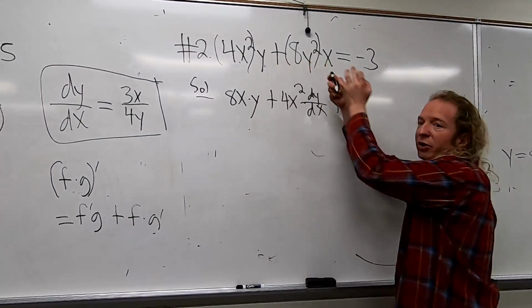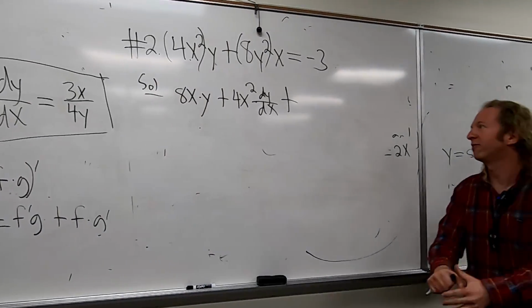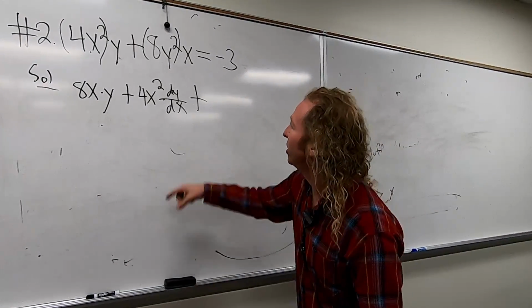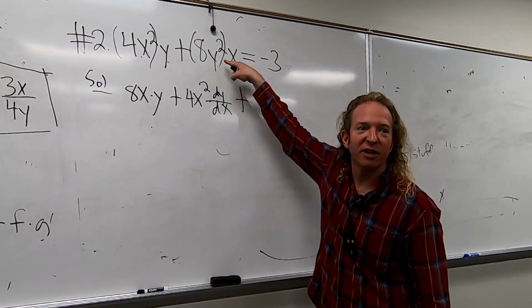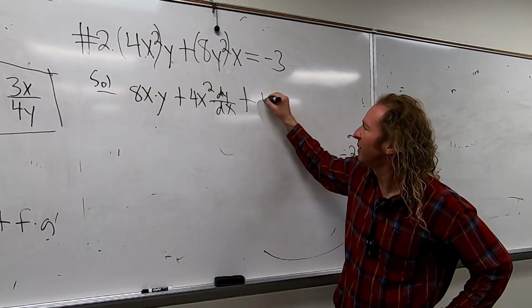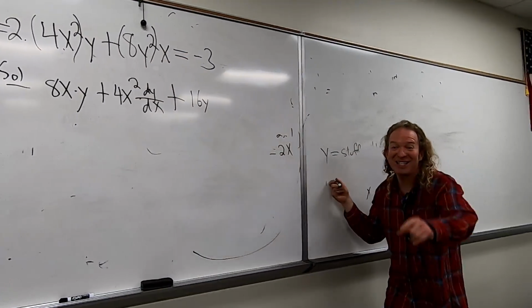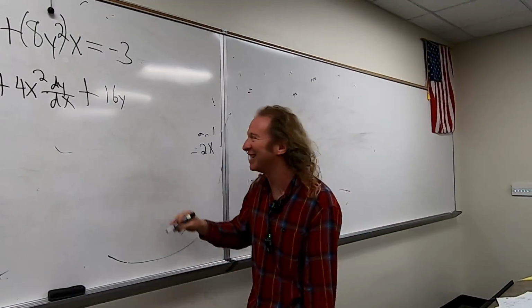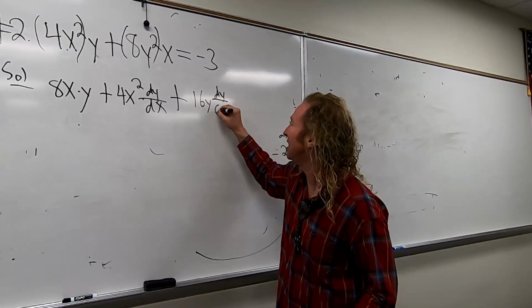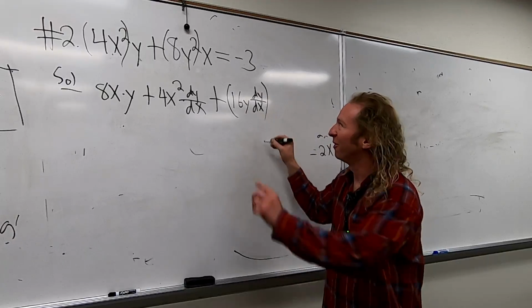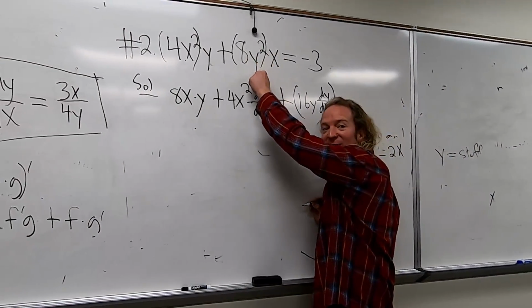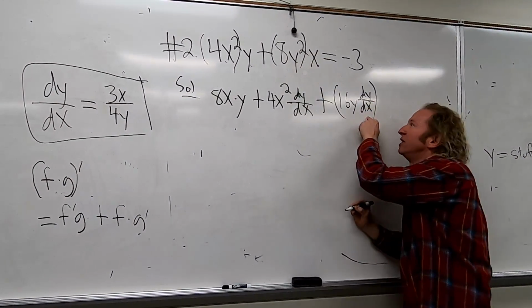Then this plus sign is this one. Got to do it again, right? The derivative of the first, so it'll be 16y dy dx. Very good. That's how pros do it. So it's 16y times the derivative of the inside, which is dy dx.